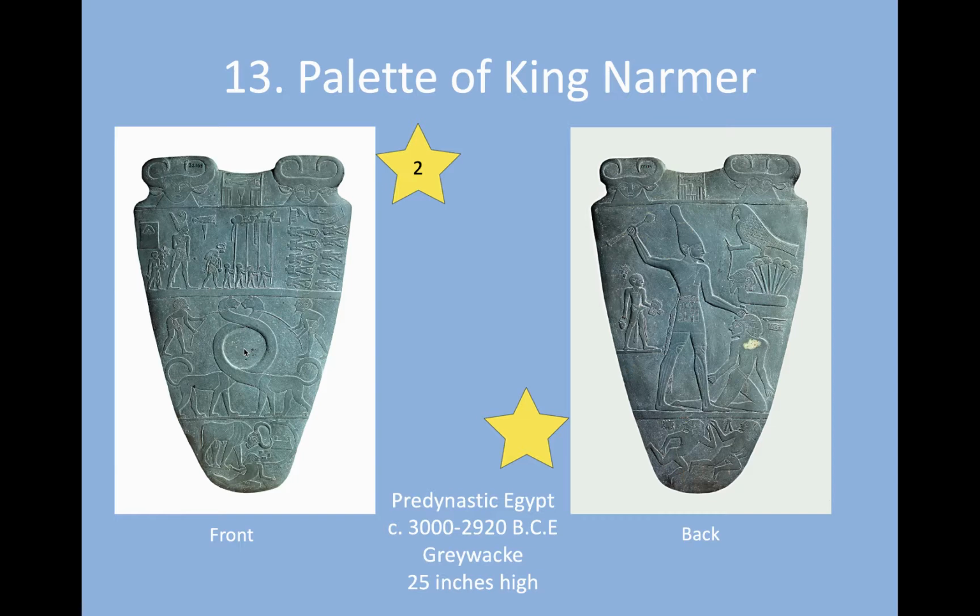And so we have a pretty good date, 3100 to 2920 BCE, and that's because we know the date in which Narmer conquered Egypt. And so in 3100 BCE, Narmer unifies Upper and Lower Egypt, and he and his descendants remain in control for quite some time.